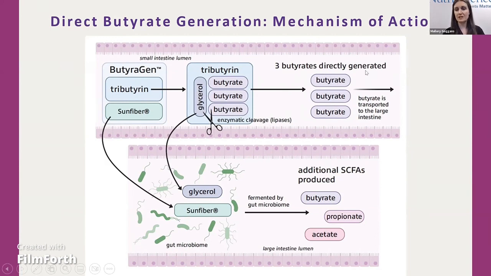These butyrates then move into the large intestine and have a lot of the effects that we've discussed already. If we go back and look at the sun fiber, the other portion of ButyraGen, and actually the glycerol backbone as well, these will move to the large intestine, and these are fermented in the traditional way that prebiotics act. So from that, we get some additional short-chain fatty acids.